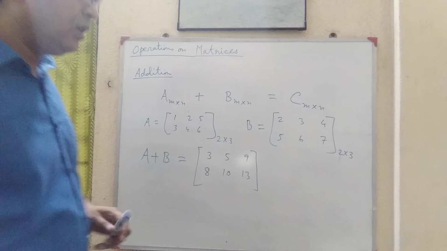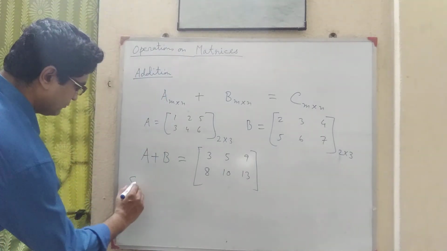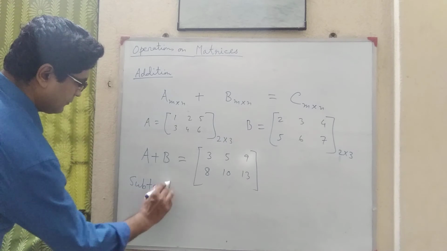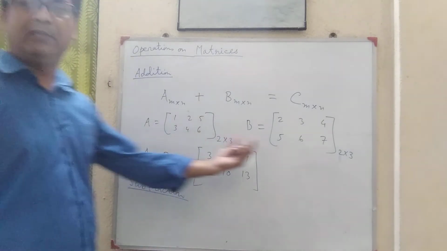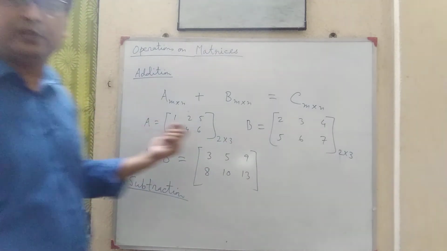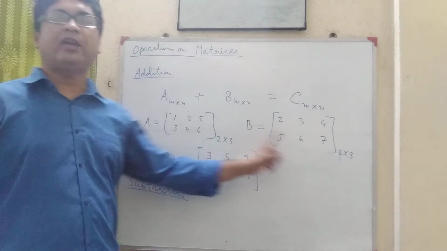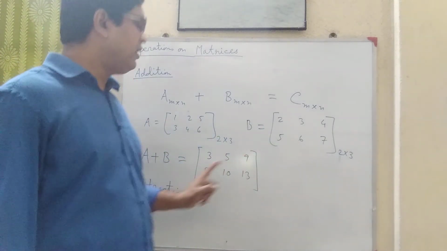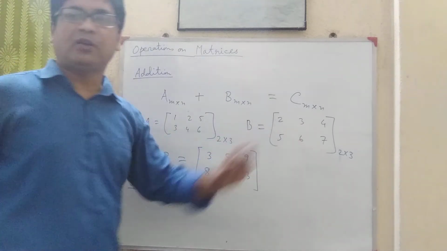Next, coming to subtraction. Subtraction is actually the same concept applied here. That is, two matrices can be subtracted if their orders are exactly same, and the method of subtraction is you just subtract the corresponding elements.